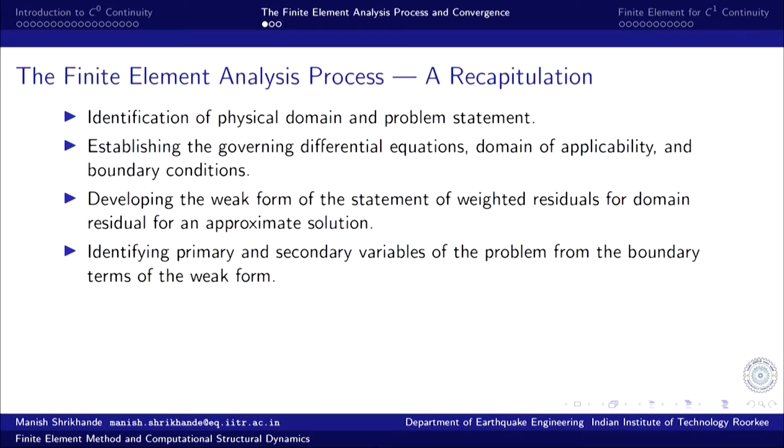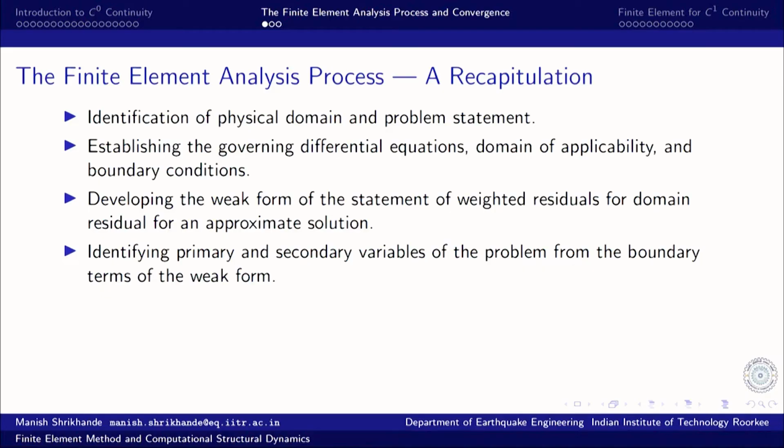And from the boundary term of the weak form, we can identify what are the primary variables and what are the secondary variables of the problem. This is very important because the finite element approximation has to be an interpolation model, a polynomial approximation in the form of interpolation between the primary variables. So, it is absolutely crucial to identify the primary variables, and these are not always the same as the unknown function of the governing differential equation, as we will see in the next part of this lecture very soon.